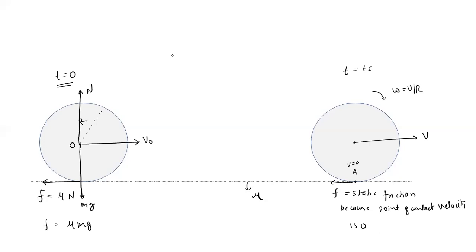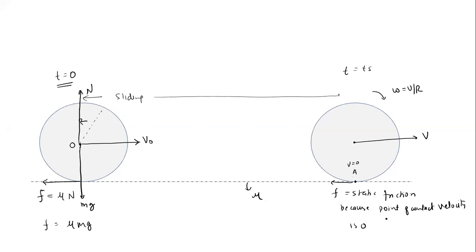Okay. So these are some basic things you have to understand here: why the static friction is there, and why we have a kinetic friction between this point and this point, because from this point to this point there is a sliding of the body. Then from this point you start pure rolling.